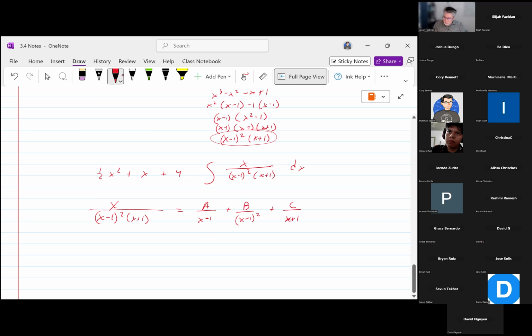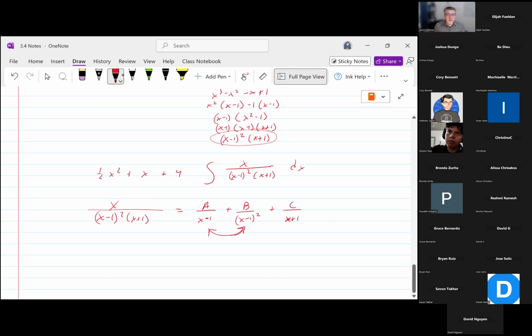Now, why do I need an x minus 1 and an x minus 1 squared? Because the denominator could take on two different scenarios. I could end up canceling out an x minus 1 and leaving me with just 1 x minus 1, or I could end up with a constant over an x minus 1 squared. So I have to take into account that both of those scenarios could occur.